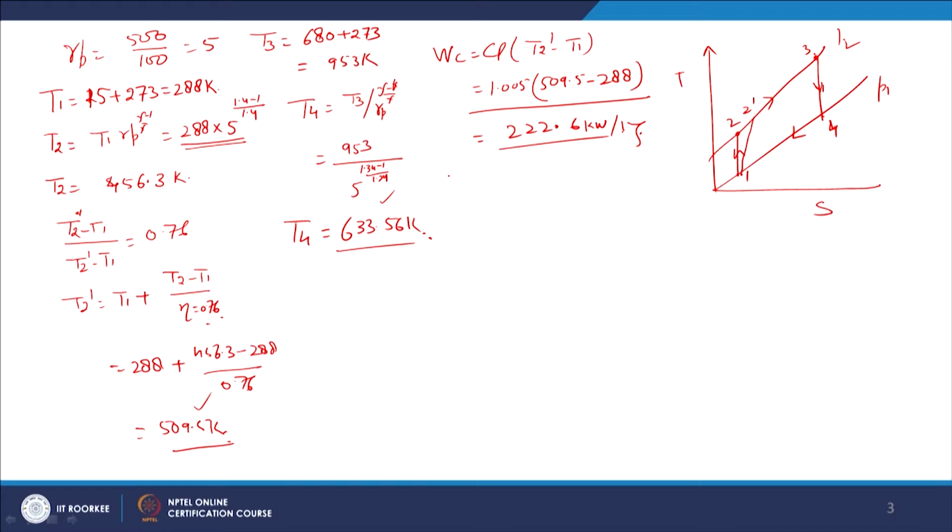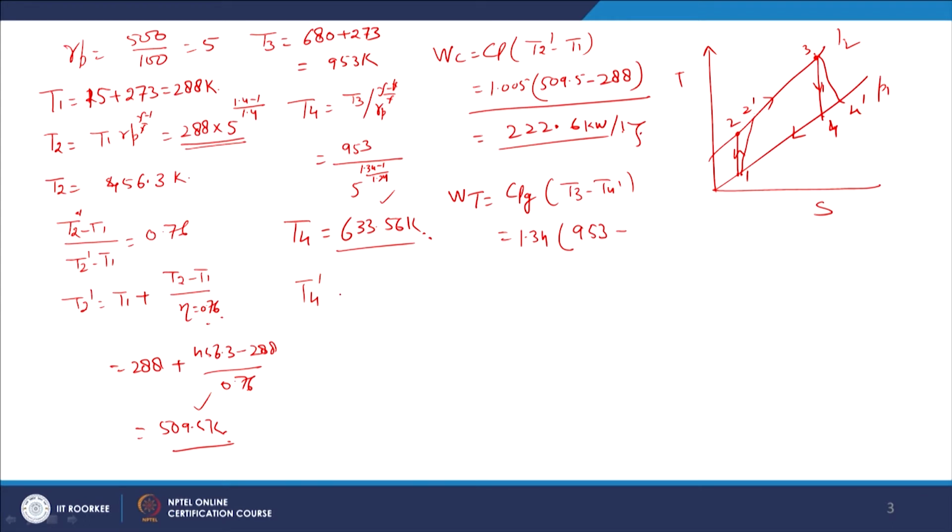Now, we will go for the work of the turbine. Work of the turbine is Cp of gas times (T3 minus T4 dash). Cp of gas is 1.34, T3 is 953, minus T4 dash. T4 dash we have not calculated yet, so let us calculate it.